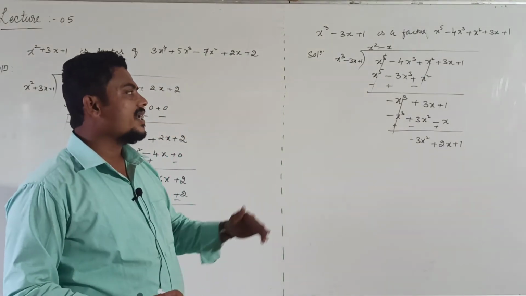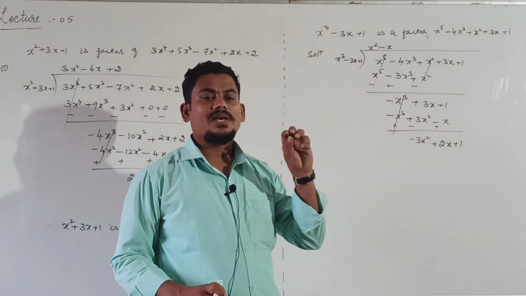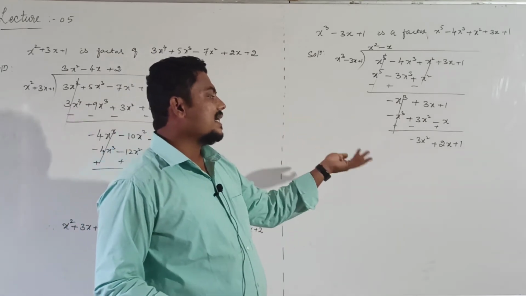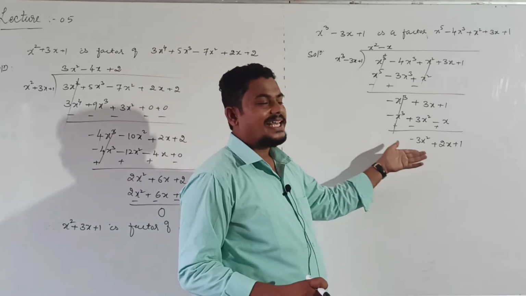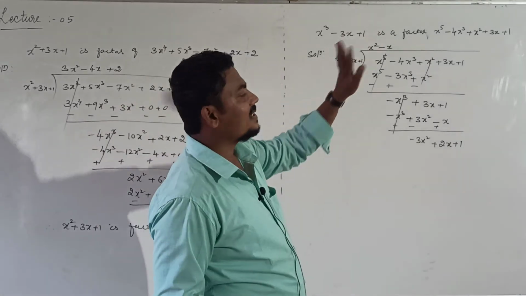If the remainder is 0 when dividing one polynomial by the other polynomial, then that is a factor of the other polynomial. In this case the remainder is non-zero, therefore this is not a factor.